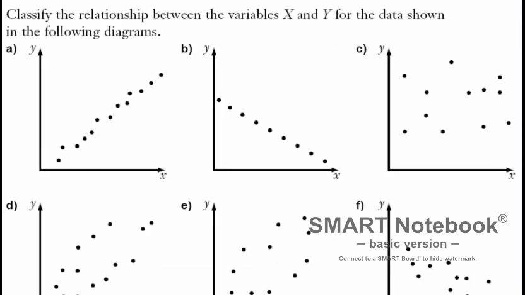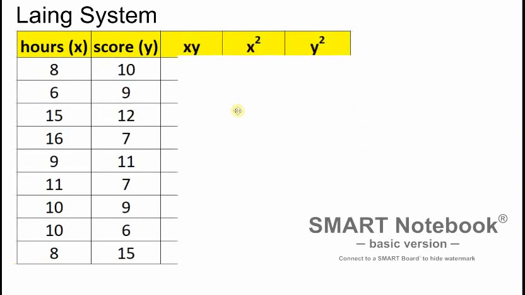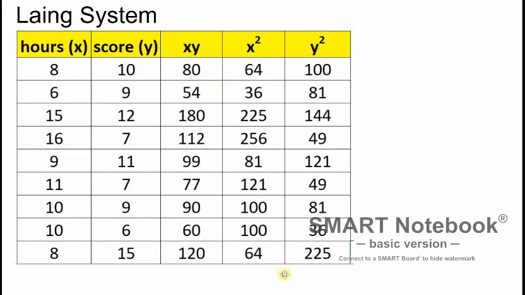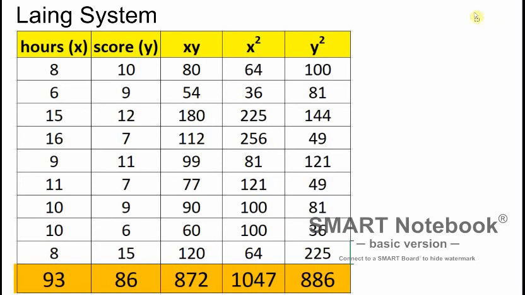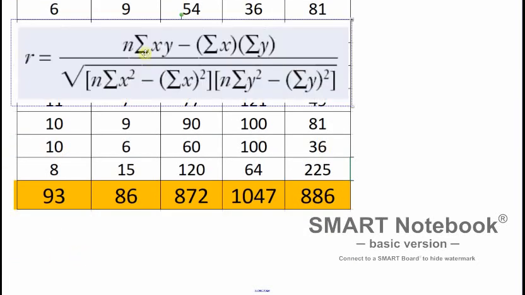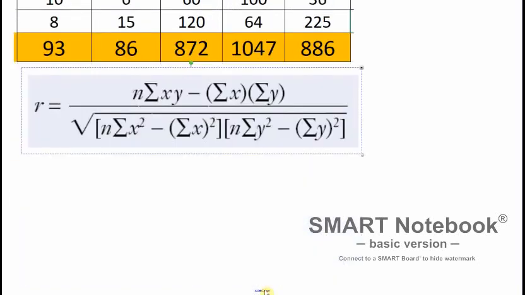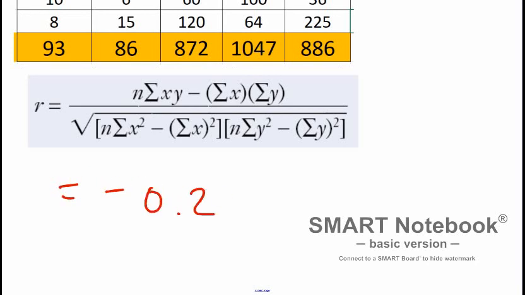In a similar way, if we do all of the work for the Lang system, and when I say all the work, we do all the same steps, and then we find those sums, which are here, and then we use the correlation coefficient formula and plug in all the numbers for Lang's system, we end up with negative 0.224.